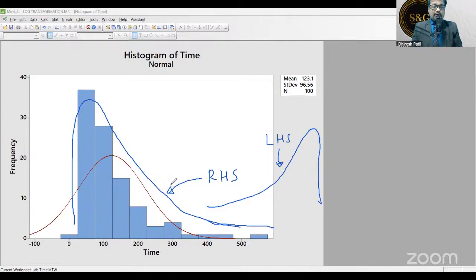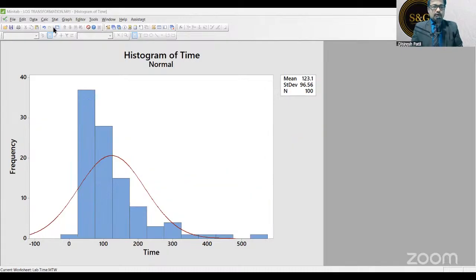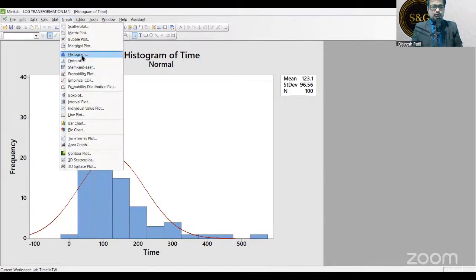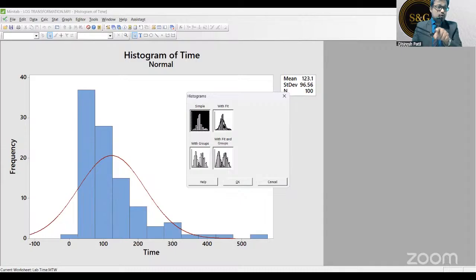How is the curve plotted? When you plot this histogram, go to graph, histogram. There is a simple option, the with fit option. You select the with fit option, and this curve will come.